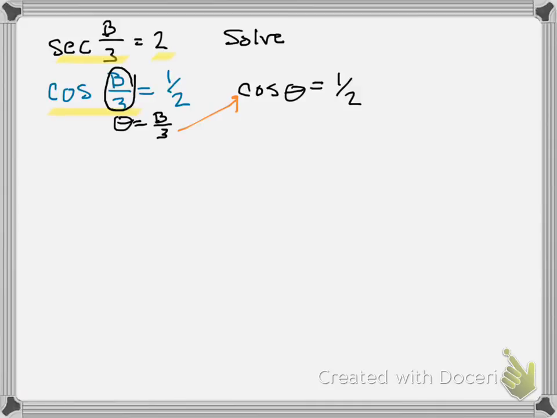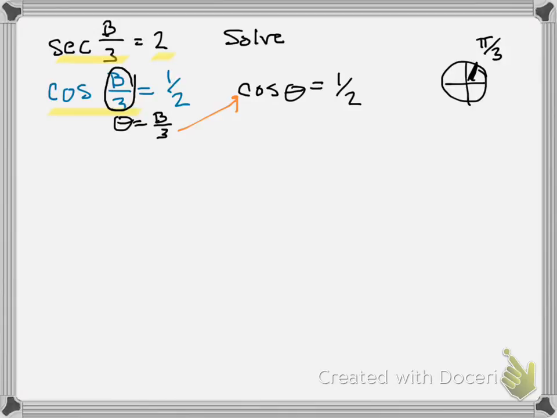So when I look at this, I'm wondering, where is cosine equal to 1/2? And so if I think about my unit circle, or my automatics table, I know cosine is 1/2 at pi over 3. And I know it's also equal to 1/2 at, nope, not there, because that'd be negative.